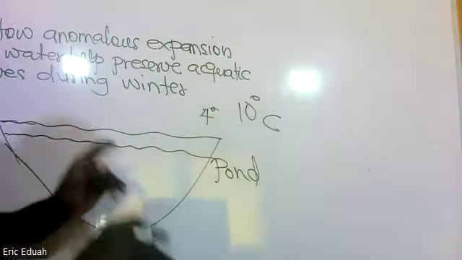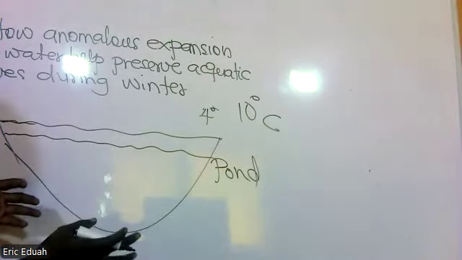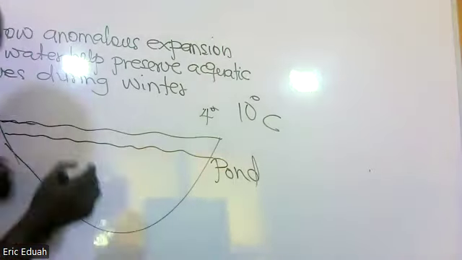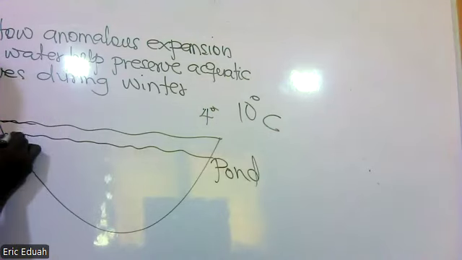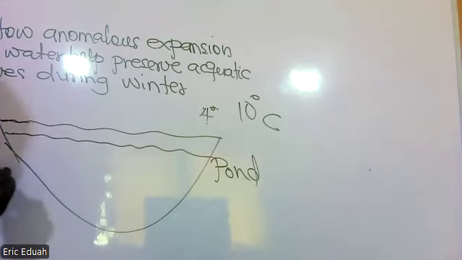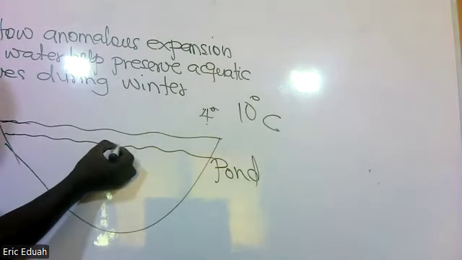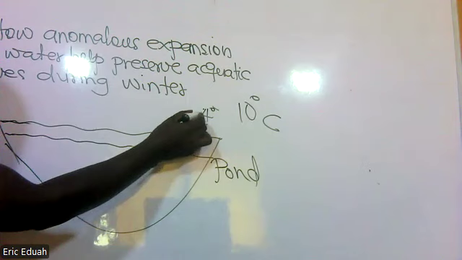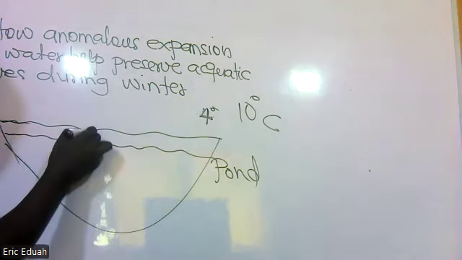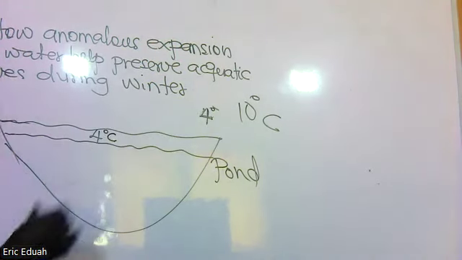It can affect all the volume of the water because the mass is huge. But let's assume this is the layer that is affected by the change in temperature. So we have a water body experiencing a temperature of 4 degrees Celsius.